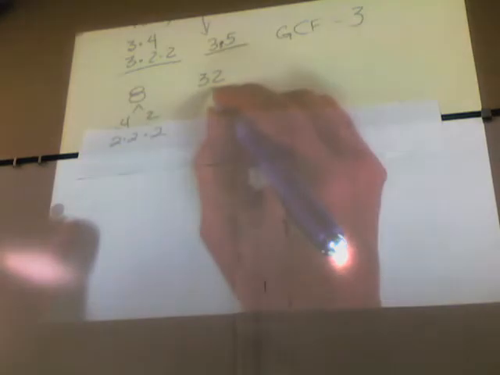Okay, 32 would be 8 times 4. 8 was 2 times 2 times 2, and 4 was 2 times 2. What you would do is you would get the most times the 2 shows up, which is 3 of them. So your greatest common factor is 2 times 2 times 2, which is 8.